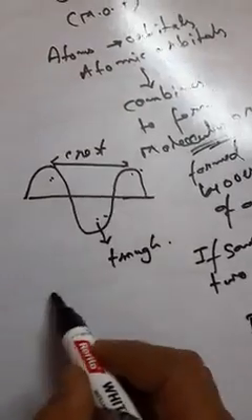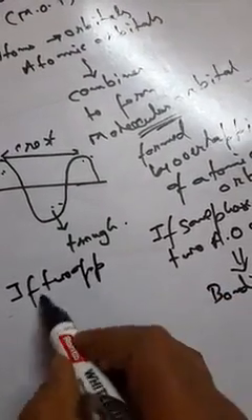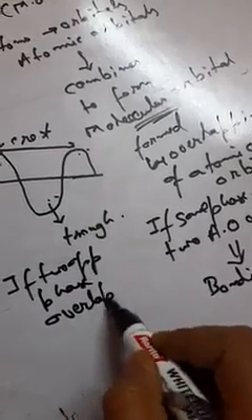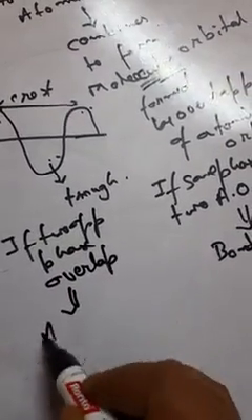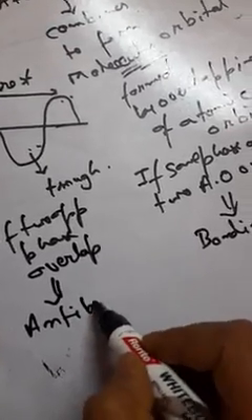And if two opposite phases overlap, then we'll call it an anti-bonding molecular orbital.